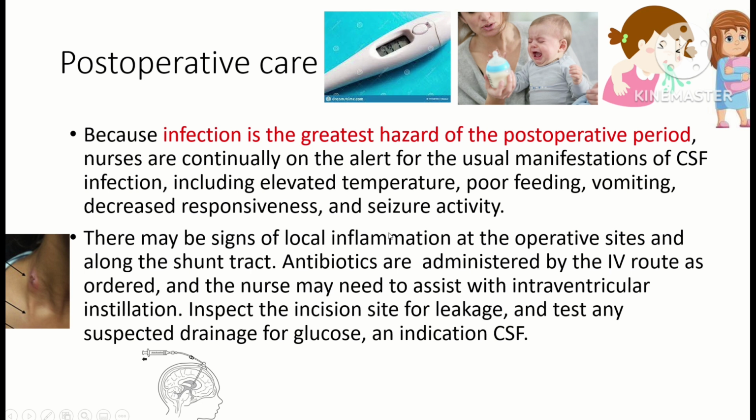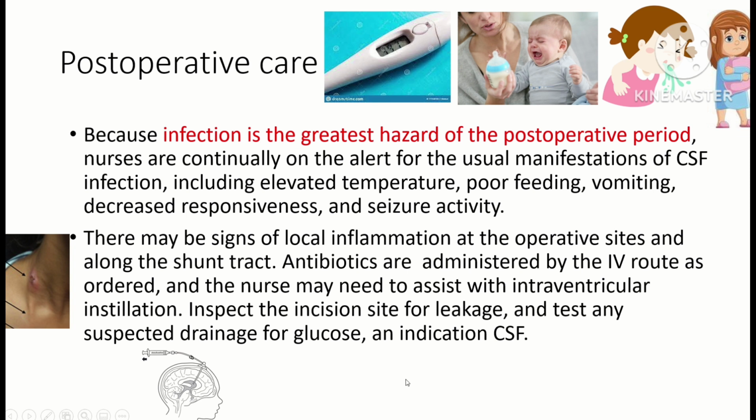Because infection is the greatest hazard of the post-operative period, nurses are continually on alert for the usual manifestations of CSF infection, including elevated temperature or high fever, poor feeding, vomiting, decreased responsiveness, and seizure activity.